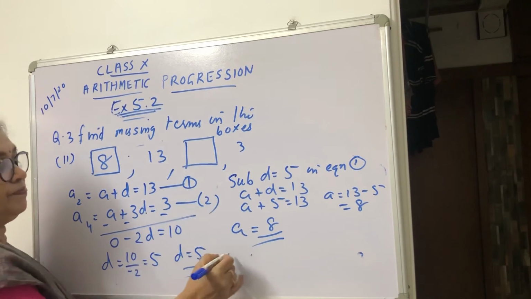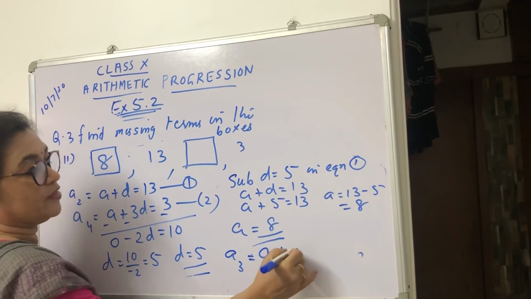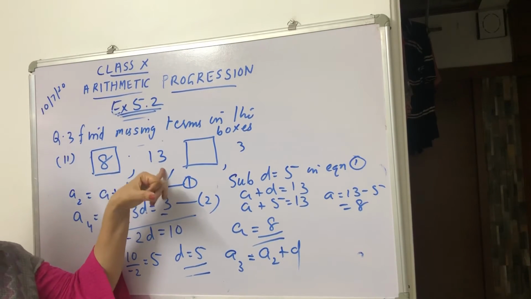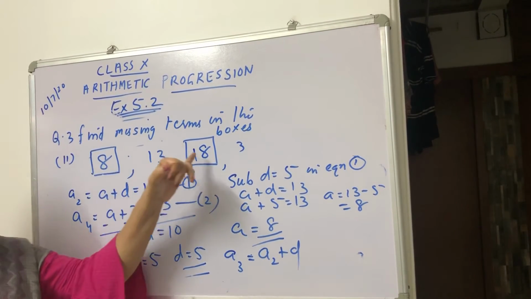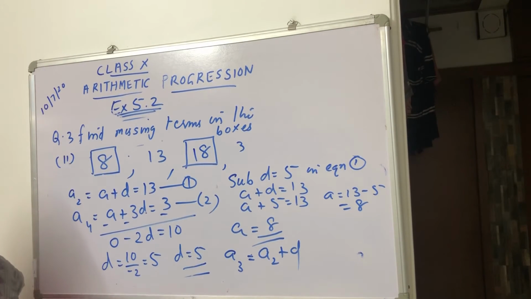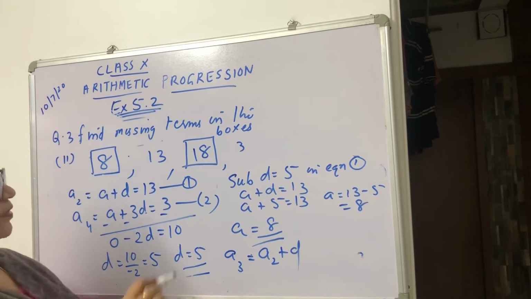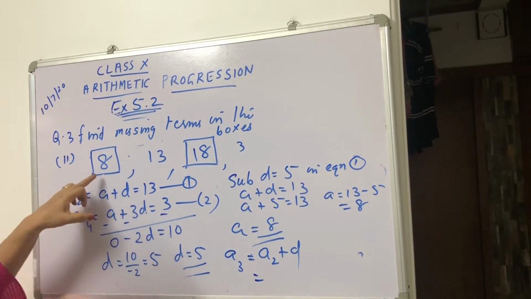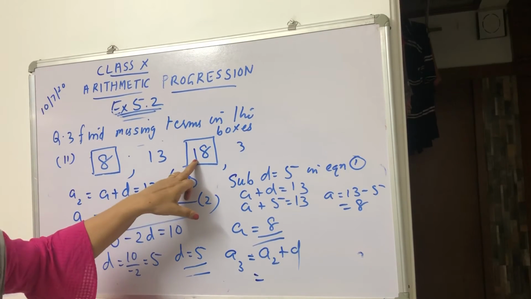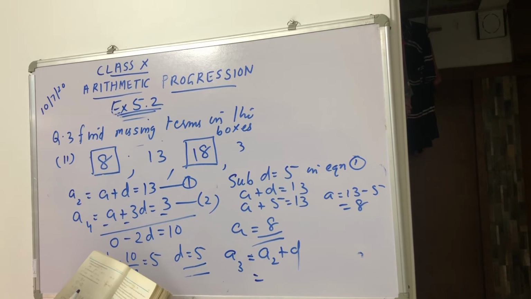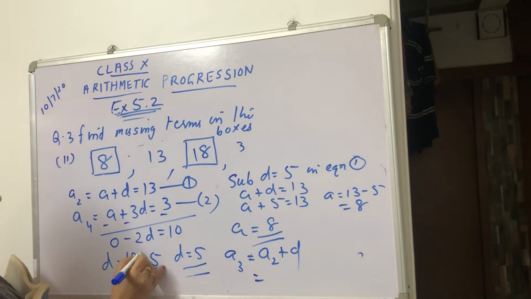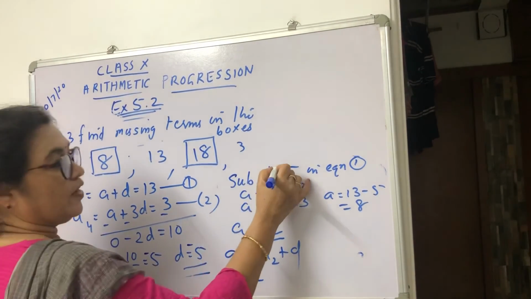So D is equal to minus 5. Substitute the value of D, minus 5, here.